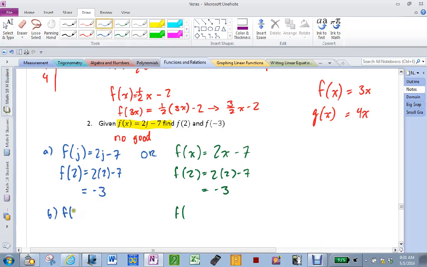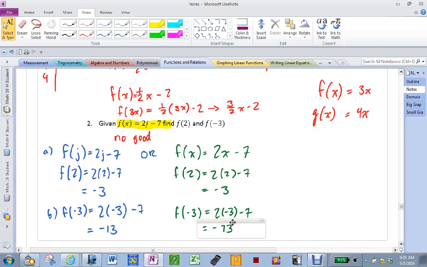What's going in here now? -3. So it's 2 times what? -3 minus 7, which is -13. Over here, same thing, -3. 2 times -3 minus 7 equals -13.